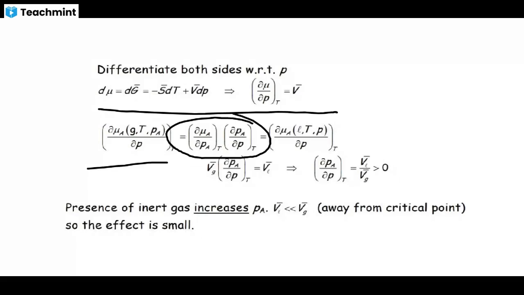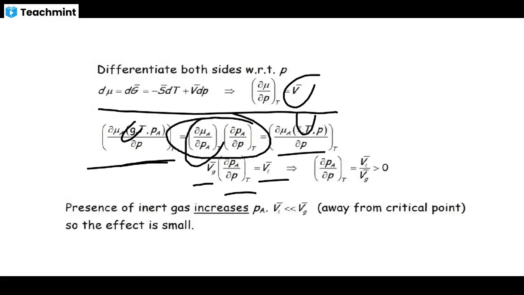The chemical potentials of gas and liquid are the same, that is, at equilibrium these two are the same. So V̄ gas times ∂pA divided by ∂P at constant temperature equals the volume of the liquid.